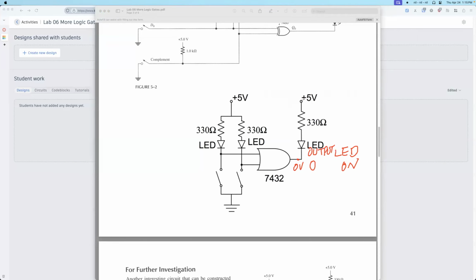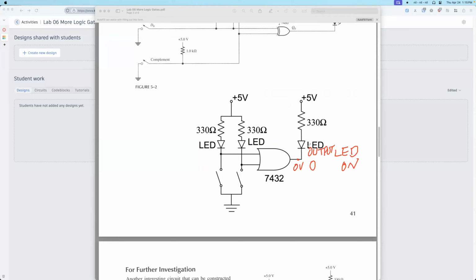Then 5 volts on the other side, 0 volts here, so the voltage across the LED is greater than 0. So the current can flow through the LED, so the LED is on.